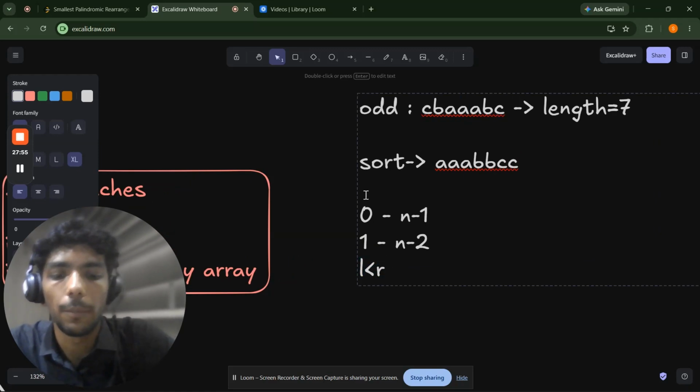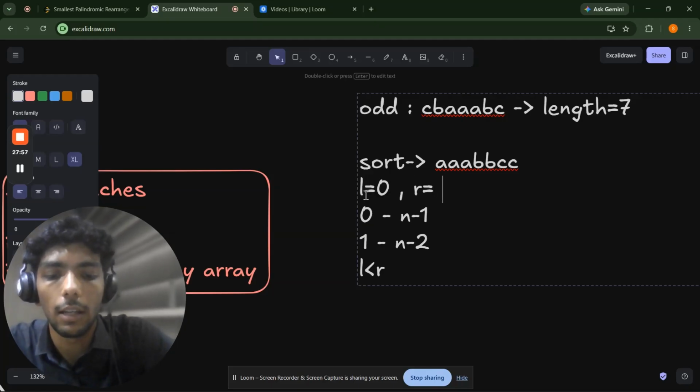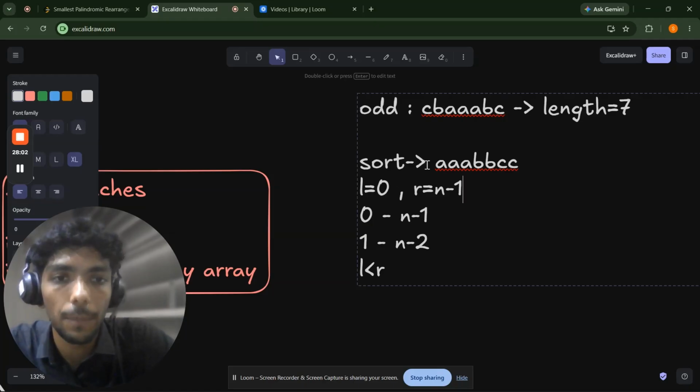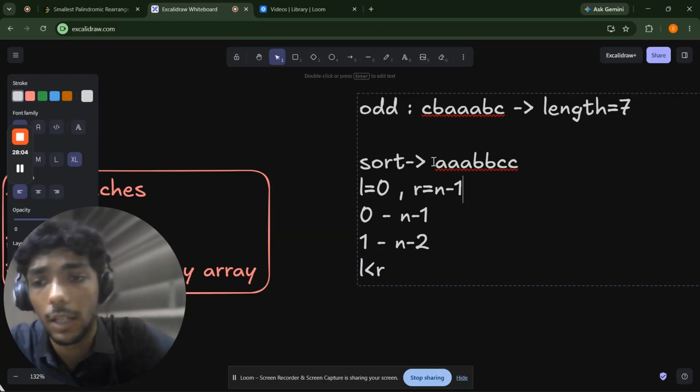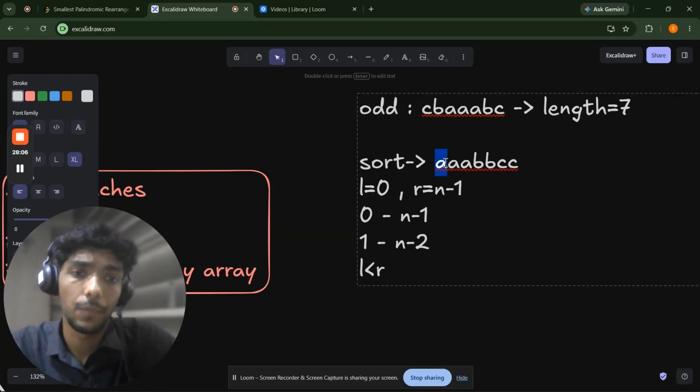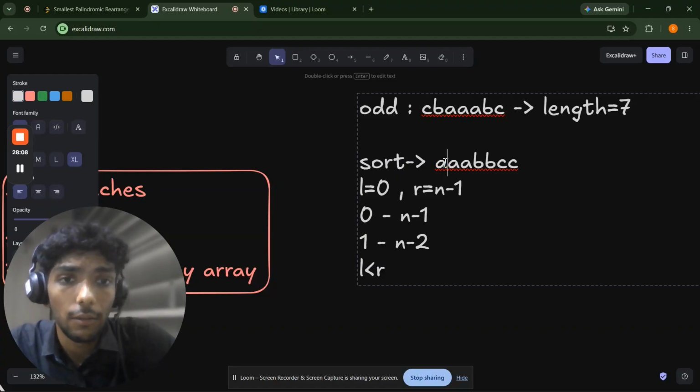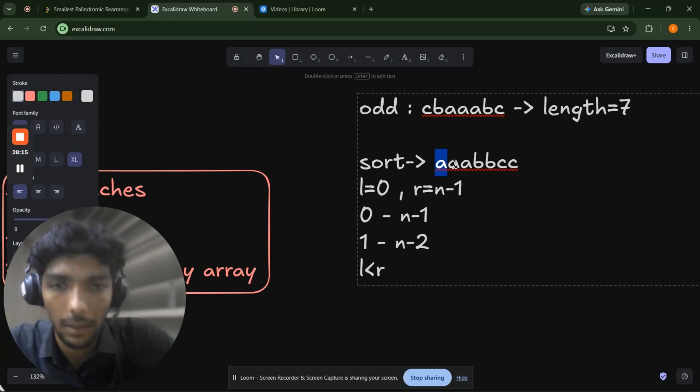So we start from L equals to 0 and R equals to n minus 1. In the sorted order we start from A. We check, is this A equal to this A? Are both the elements equal?